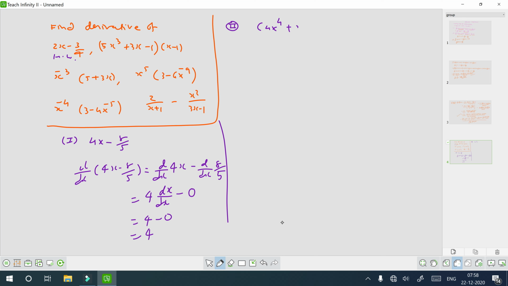ચલો, 4x raised to 4 plus 3x square plus 2, બીજા બ્રેકેટમાં લઈ લઈએ x plus 3, આવું કંઈક લીધું મેં.